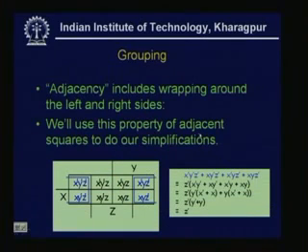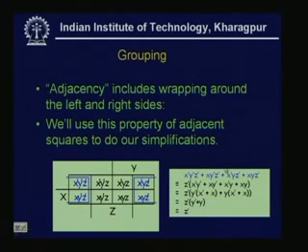We call this adjacency because we are considering only the adjacent min terms. Adjacency includes wrapping around the left and right sides. The extreme right hand side min terms are actually adjacent to the extreme left hand side min terms, as if they are wrapped around.